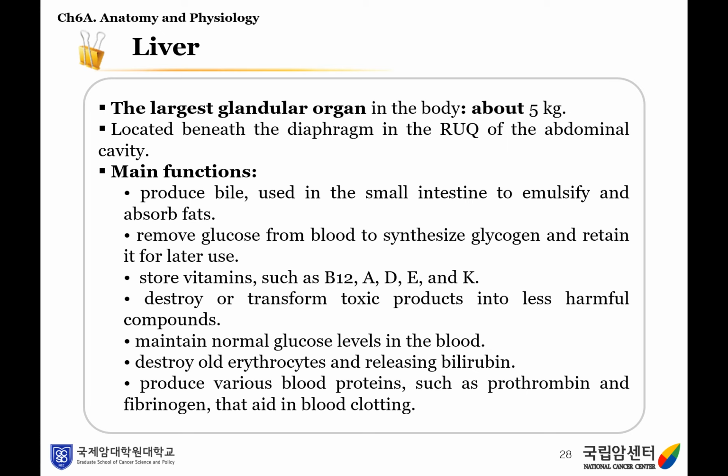The second function is to remove glucose from blood to synthesize glycogen and retain it for later use, store vitamins such as vitamin B12, A, D, E, and K, and destroy or transform toxic products into less harmful compounds, maintain normal glucose levels in the blood, destroy old erythrocytes, which are RBCs, and release bilirubin.